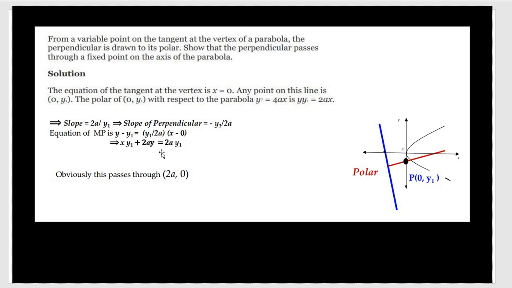And this line has to pass through a fixed point on the axis of the parabola. The axis of the parabola will have its y coordinate to be 0.